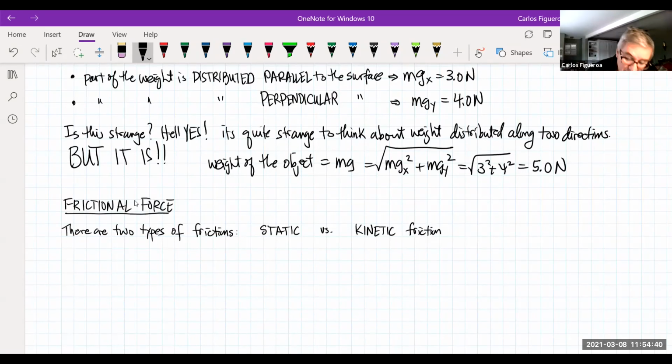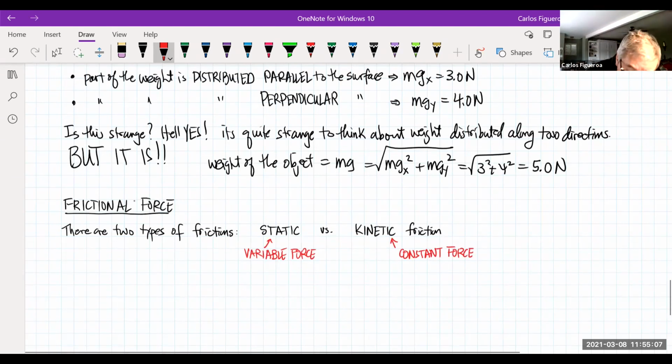Now, what's special about this? So typically, what you're going to find about static friction is that this guy is a variable force, whereas this guy is a fairly constant force. And when we talk about it, you'll see that it makes intuitive sense.